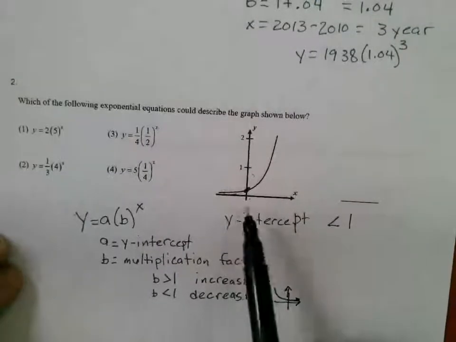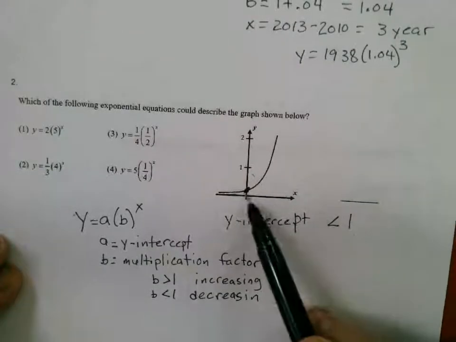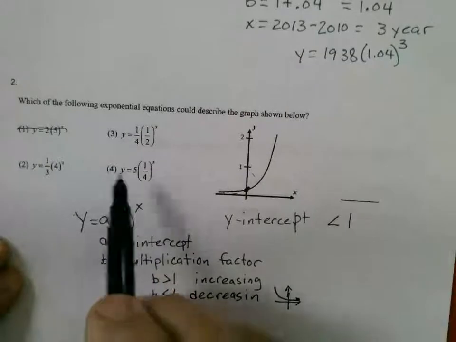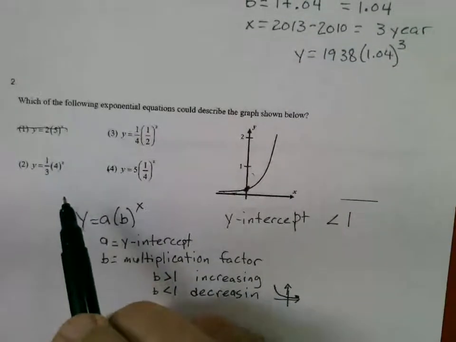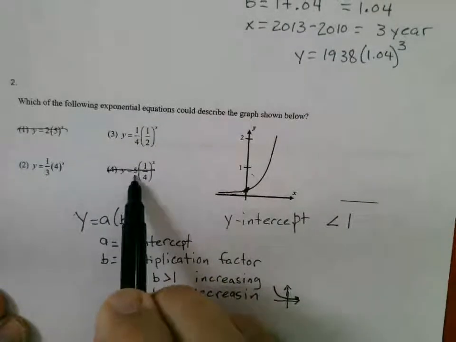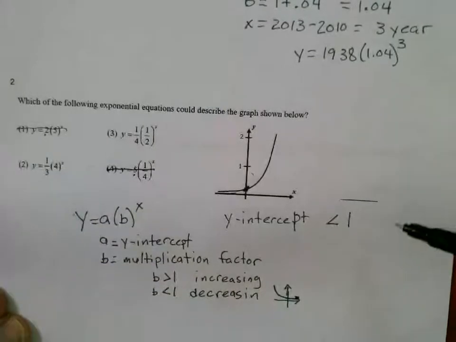So our y-intercept is less than 1, because it's a fraction. So that eliminates 1 and it eliminates number 4, because this has a y-intercept of 5 and this has a y-intercept of 2.